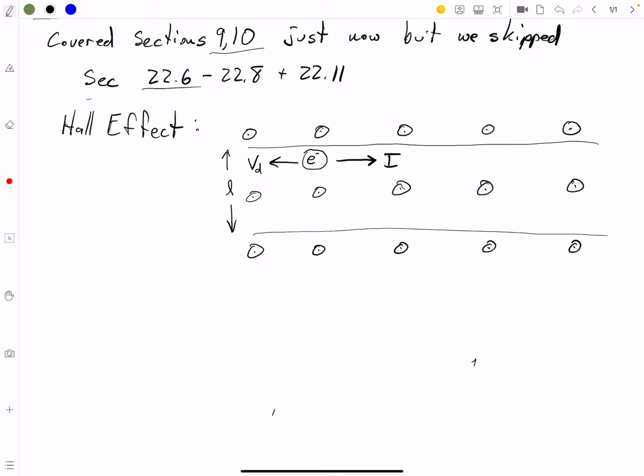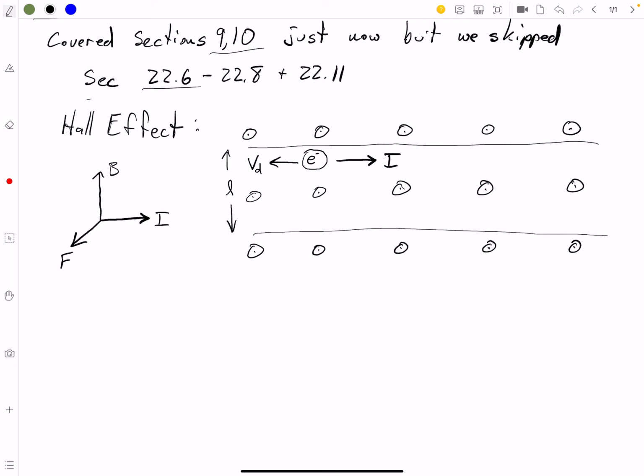You've got your current I. You've got your perpendicular B field. Then you have the force that is generated. And they're all perpendicular to each other.